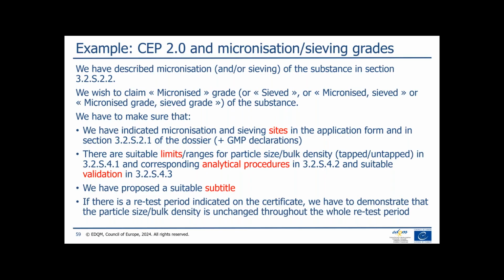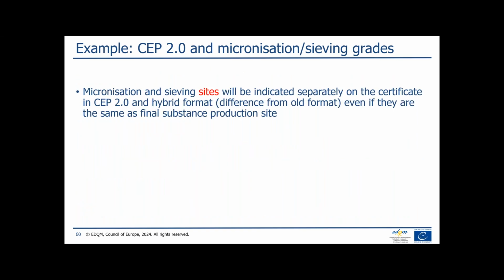Also, if there is a retest claimed, you will have to demonstrate that the micronization limits for micronized grades are respected throughout the whole retest period. And micronization sites will be indicated separately on the certificate SEP 2.0, which is different compared to the previous practice.